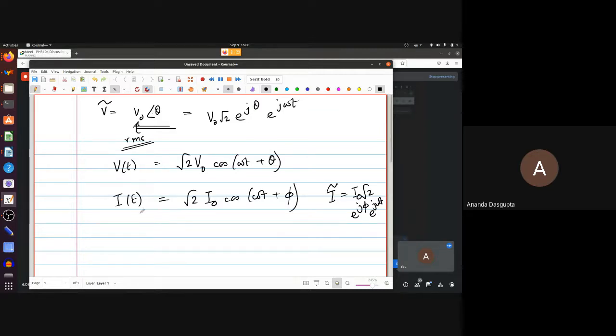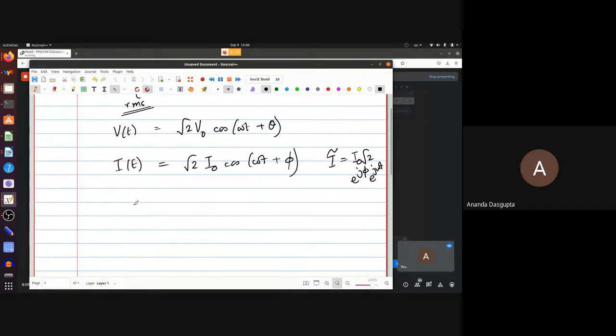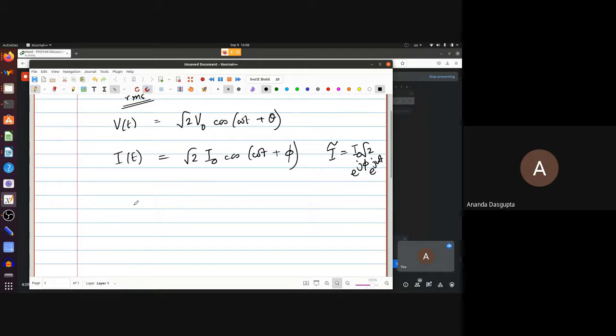Now, these are the actual voltages and currents, the instantaneous values, the correct values, and these are the ones you should use to calculate power. The power calculation is straightforward, right? You just multiply these two, and so you get the instantaneous power this way.